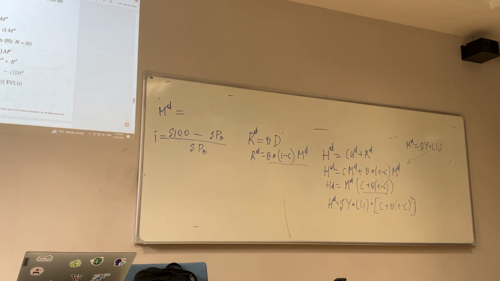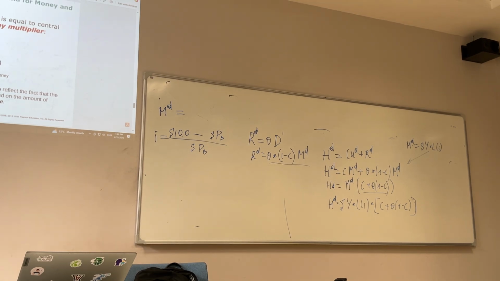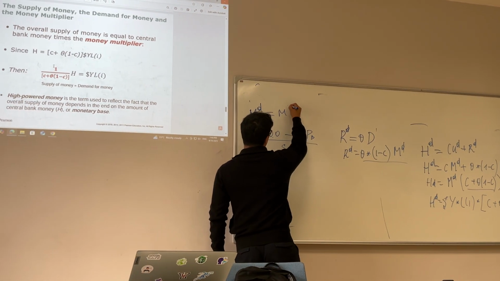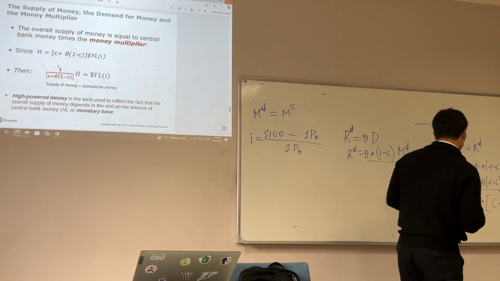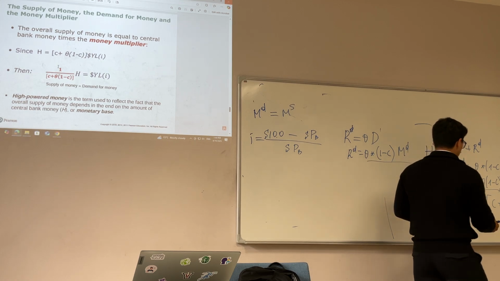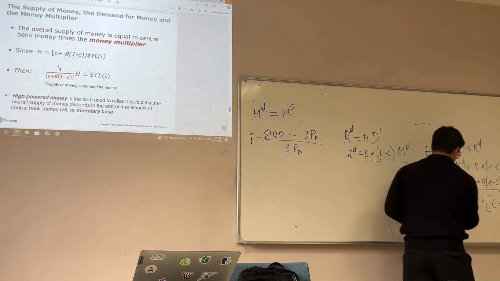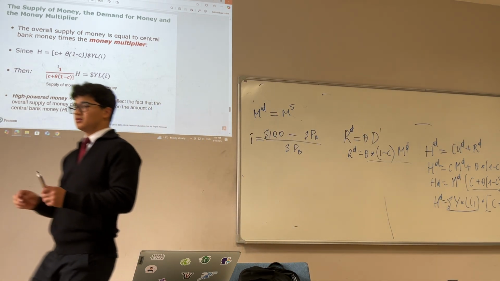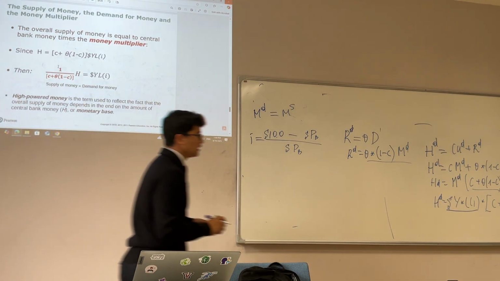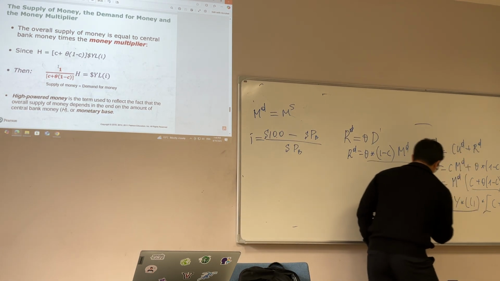Let's see what they derive. So they derive the money multiplier. Now, they're explaining that when supply of money equals demand, we need to... that's our demand for money, I guess. Yes, that's our demand for money, and that will be our multiplier.